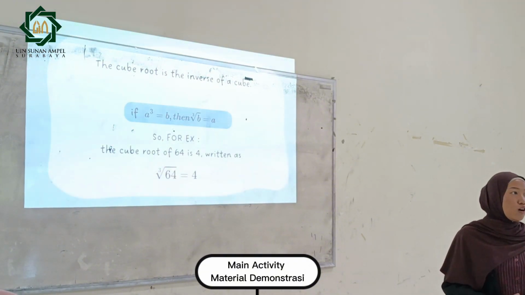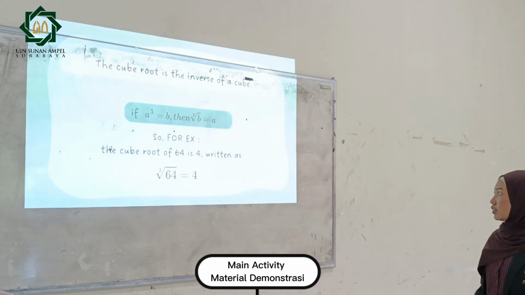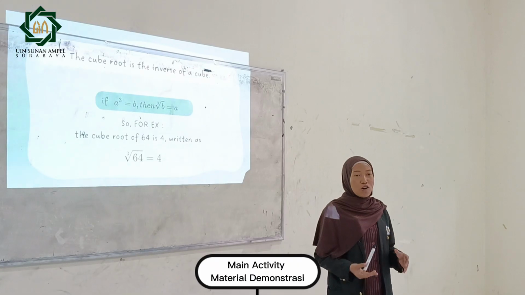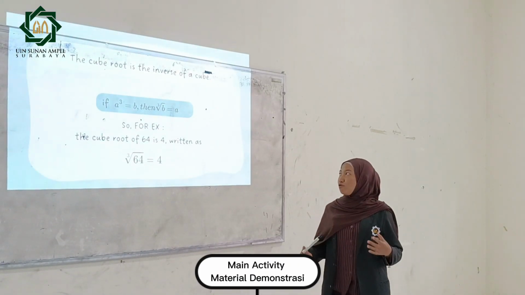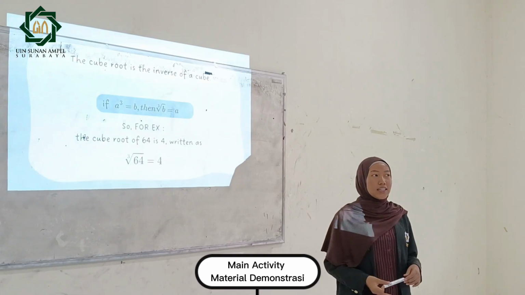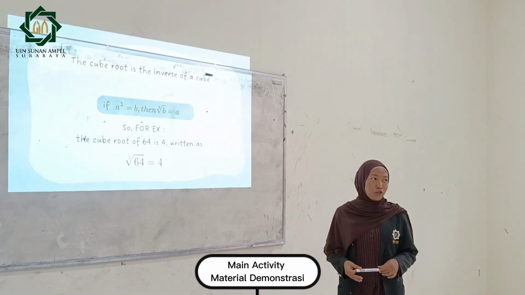Next, we will show how to find a cube root, the opposite of this operation. Now that we know what a cube number is, let's move on to the cube root. The cube root is the inverse of a cube.